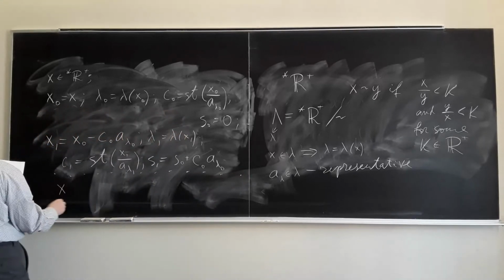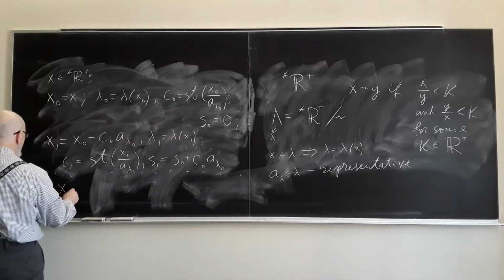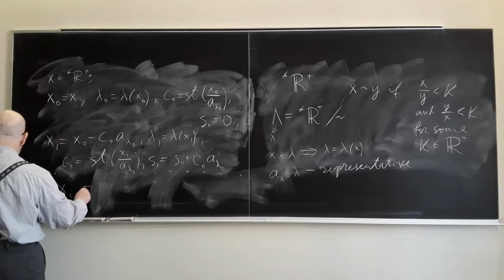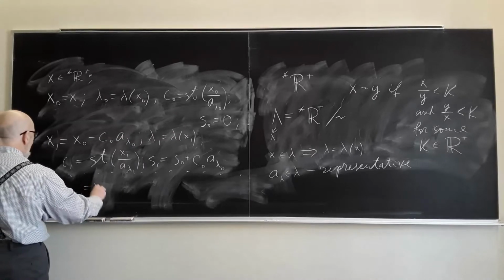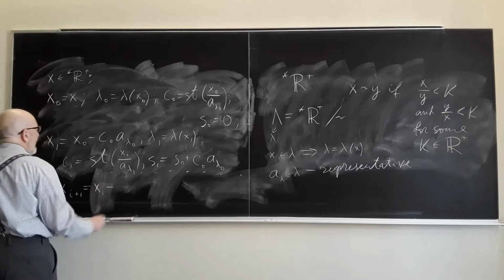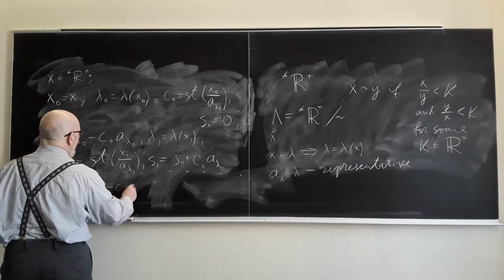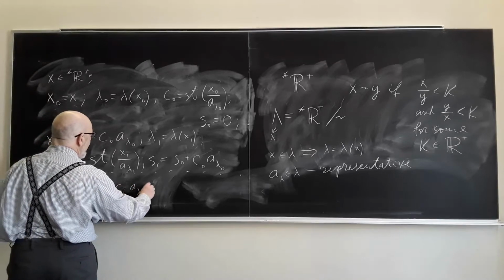x i plus 1 equals xi minus ci a lambda i.